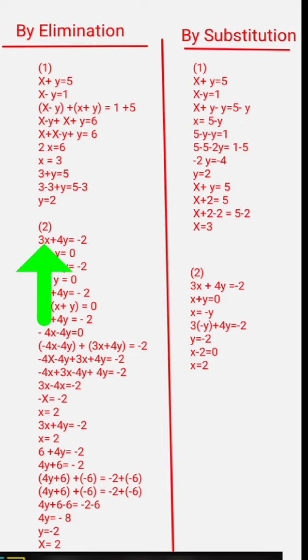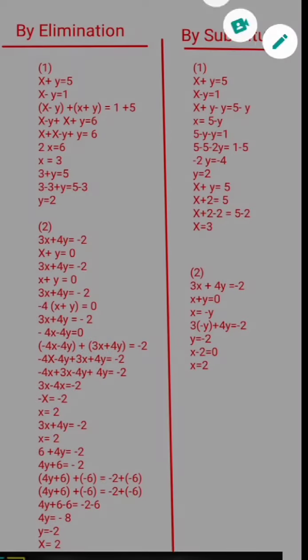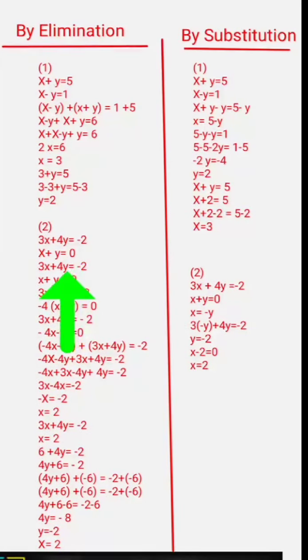We have 3x plus 4y is equal to negative 2 and x plus y is equal to 0. Now in this case, I want you to see that the coefficient here is what? 3 is the coefficient of x in equation 1 and 4 is the coefficient of y in equation 1.